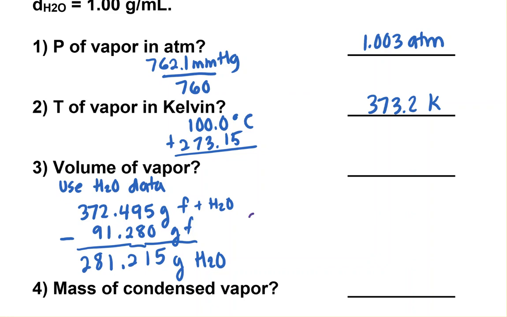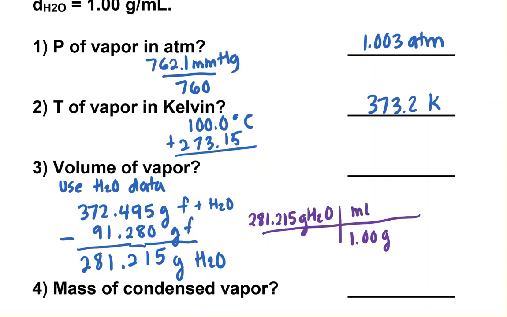So what we're going to do is use the density of water. The density of water, we said, to 3 sig figs is 1 gram per milliliter. And so the thing to note when we do this is that we're going to lose sig figs.